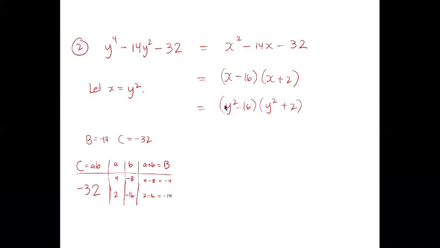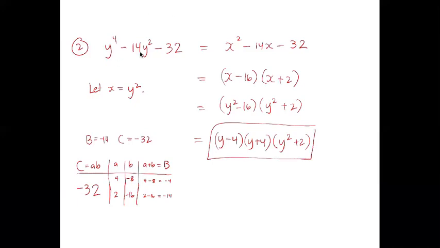So we factor y squared minus 16, and we get y minus 4 times y plus 4. Then we just copy y squared plus 2. So this is the final and complete factored form of y to the 4 minus 14y squared minus 32.